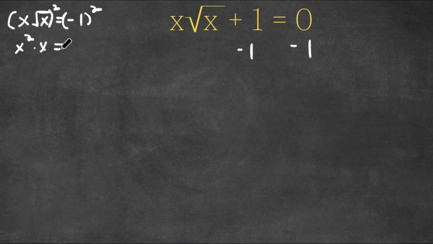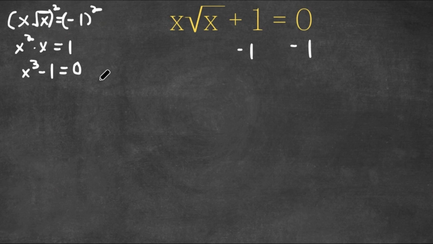This is equal to -1 squared, which is 1. Now, x squared times x is x to the power of 3. And now I'm going to move this 1 back. So now we have x to the power of 3 minus 1 is equal to 0. And I moved that 1 just so it could be simpler to square both sides.